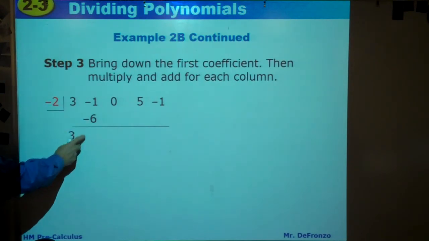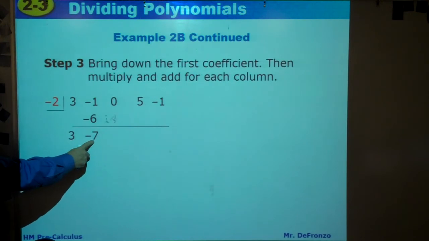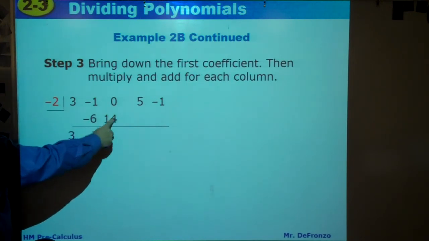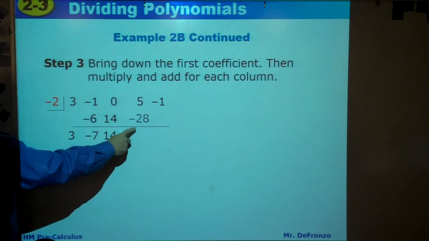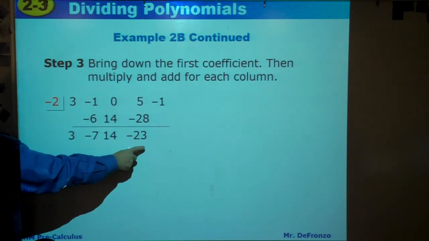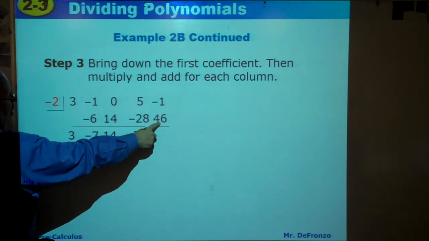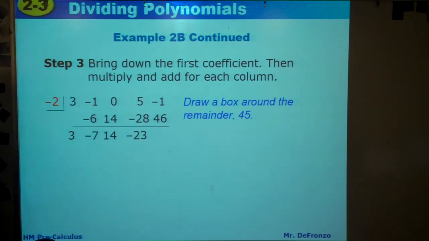Negative 2 times 3, negative 6, combine, negative 2 times negative 7, positive 14, combine, negative 2 times 14, negative 28, combine, negative 2 times negative 23, positive 46, combine, remainder 45.